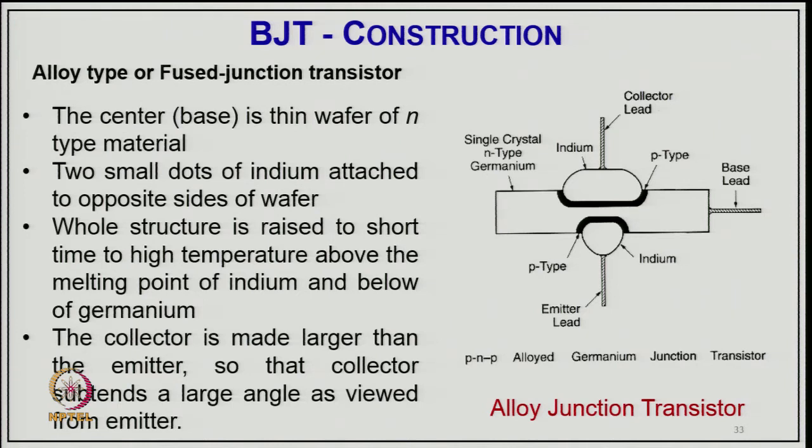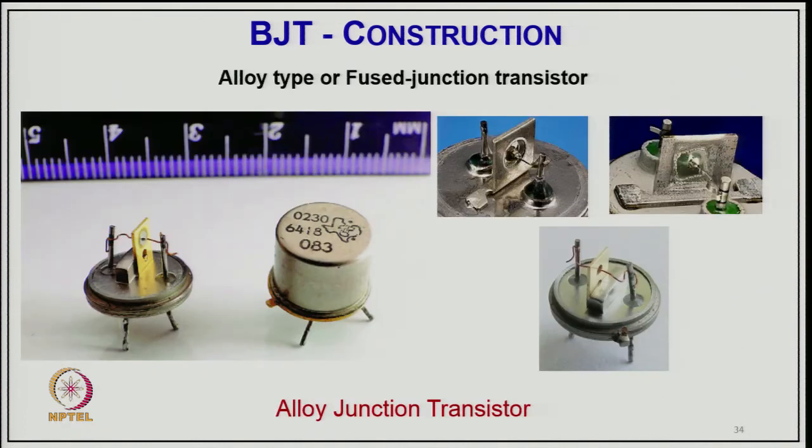The collector is made larger so that the collector subtends a large angle as viewed from the emitter. I mean, this is the emitter, this is the collector, and this is the base in this developed transistor.